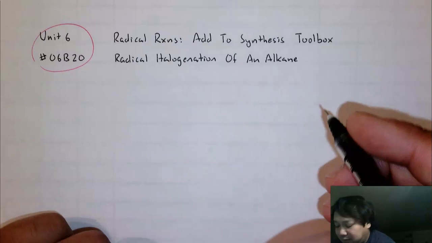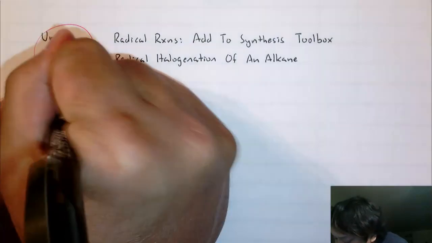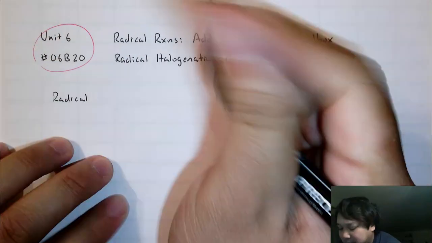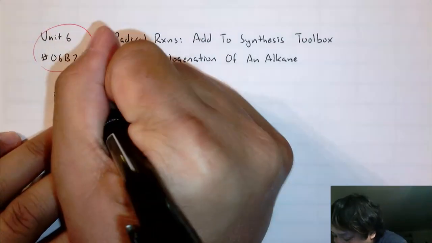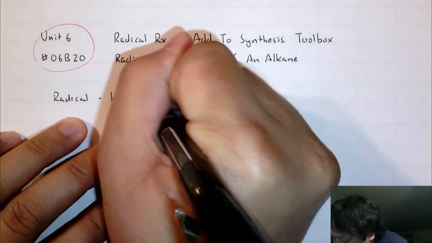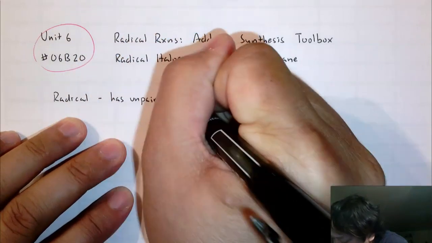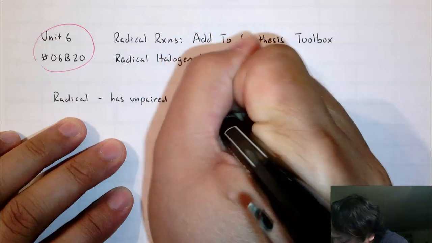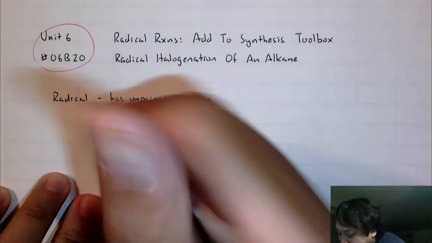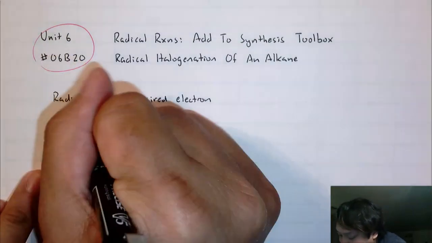What is a radical? A radical is a molecule or atom that has an unpaired electron. An example of an atom like that is bromine.